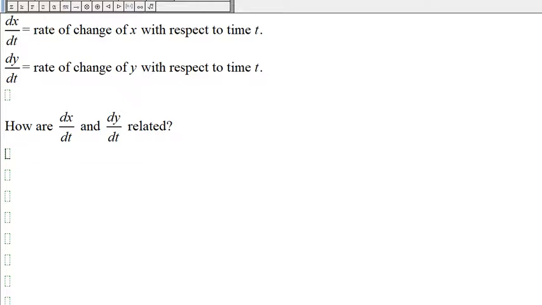And so we have x squared plus y squared is equal to 12 squared, which is x squared plus y squared equal to 144.